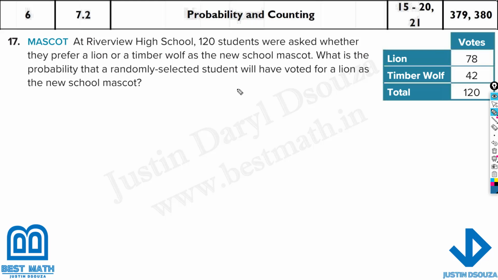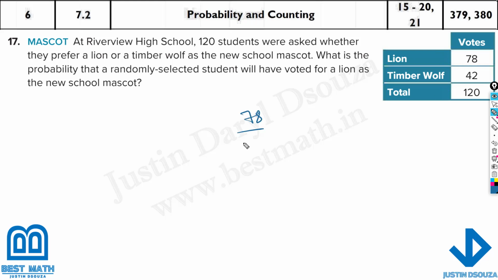Here, what we have is Riverview High School. 120 students were asked whether they prefer a lion or a timber wolf as the new school mascot. What is the probability that a randomly selected student will have voted for lion as the new school mascot? They have given the details here. They want lion as the school mascot, right? How many have chosen lion? 78.